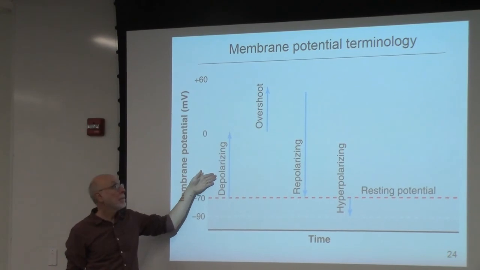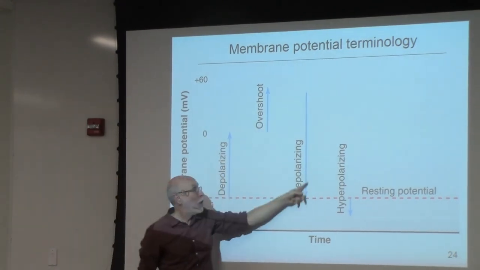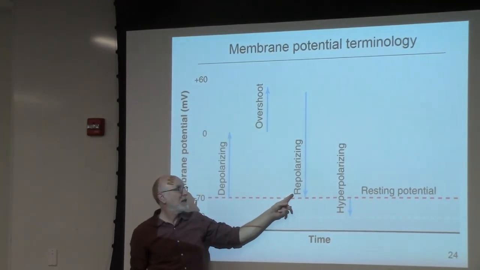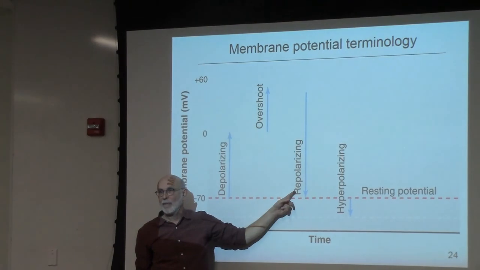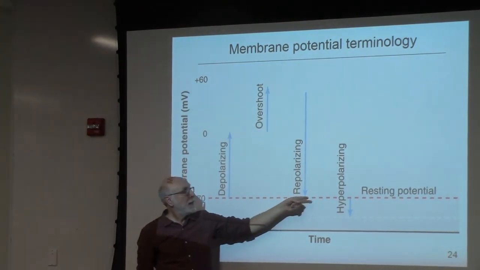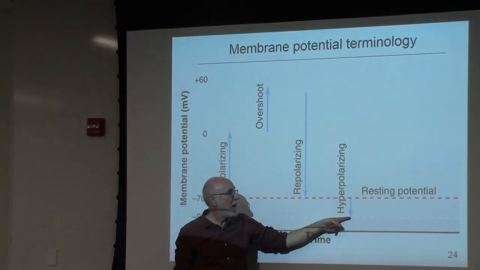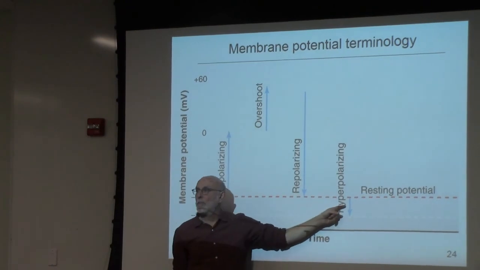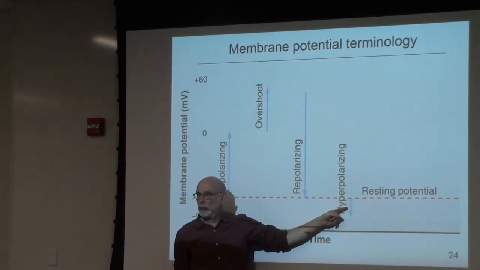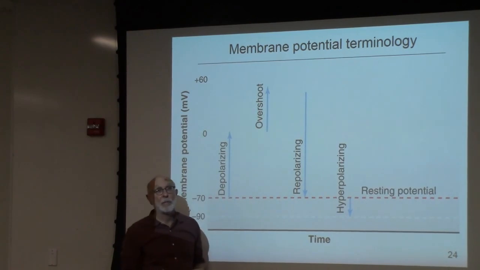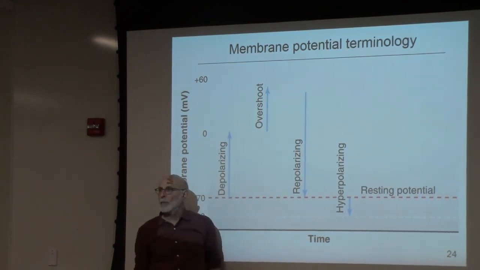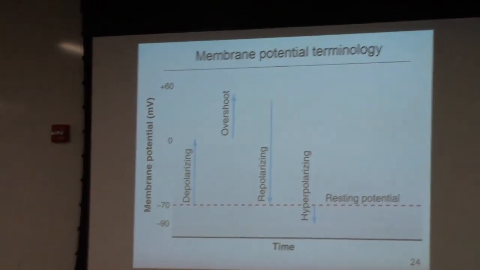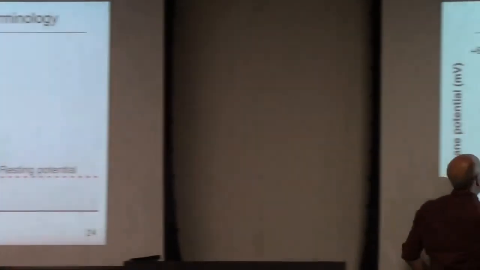If the membrane potential goes negative or less positive, we call that a polarization or repolarization. If the membrane potential goes more negative than the resting potential, we call that a hyperpolarization. Those are the words that I want you to use in the problem set. We're not going to worry about overshoot.